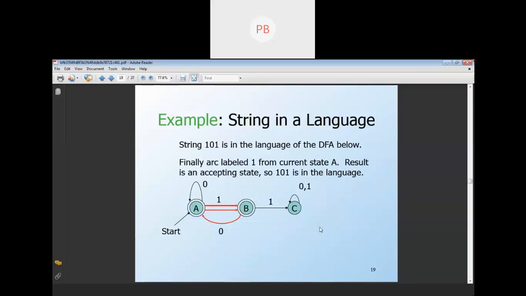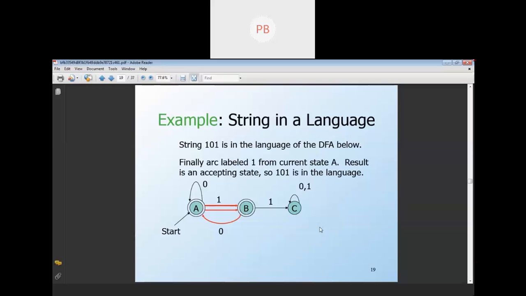Okay, but please don't get confused. We have to classify these things. First of all, we have a language. Using this language we are defining a DFA, and using this DFA we are verifying whether a particular string is within the language or not.